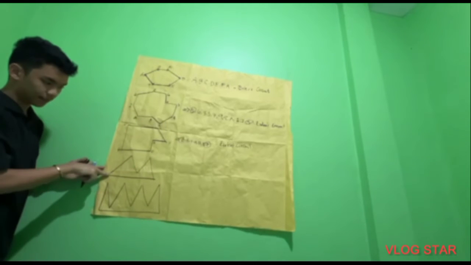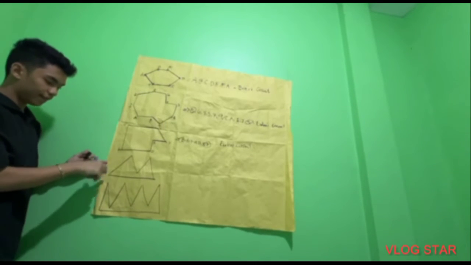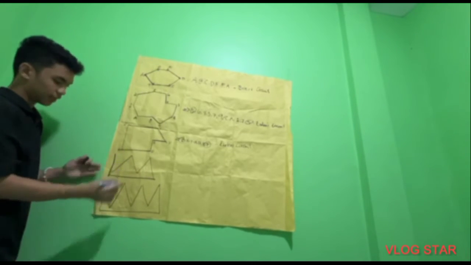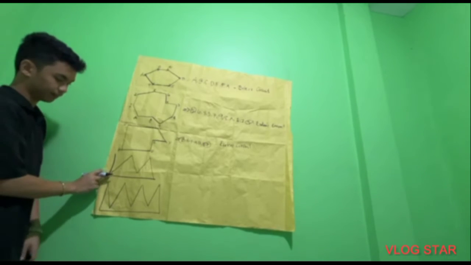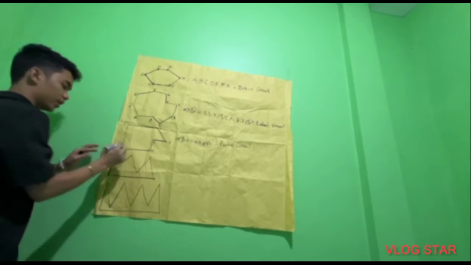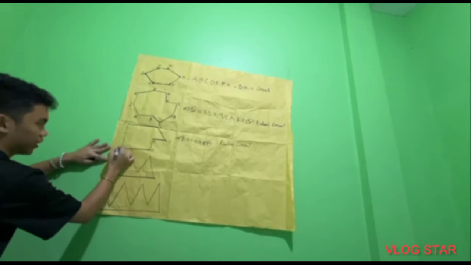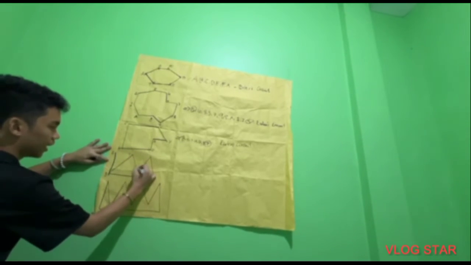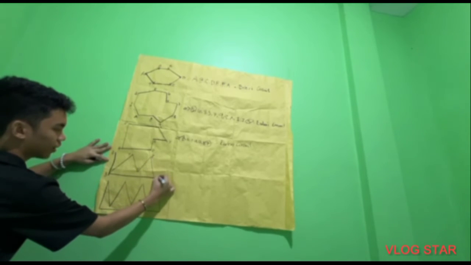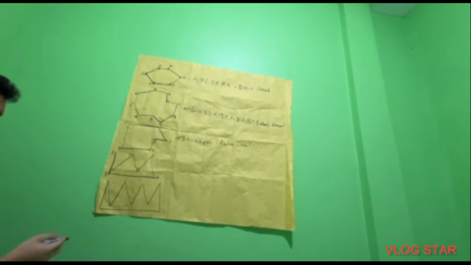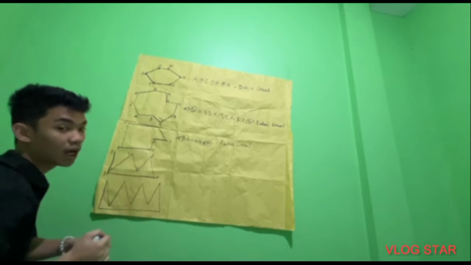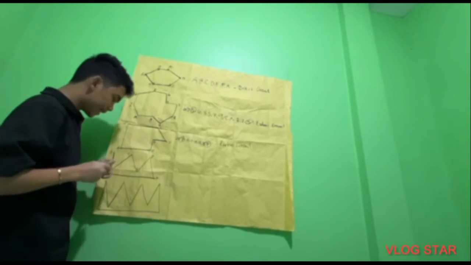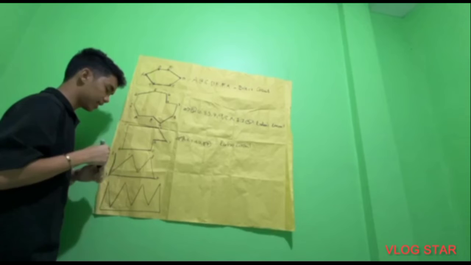Next, in this graph, we need to put letters here: letter H, letter B, letter C, letter D, letter E, letter F. So we have 1, 2, 3, 4, 5, 6, we have 6 vertices.